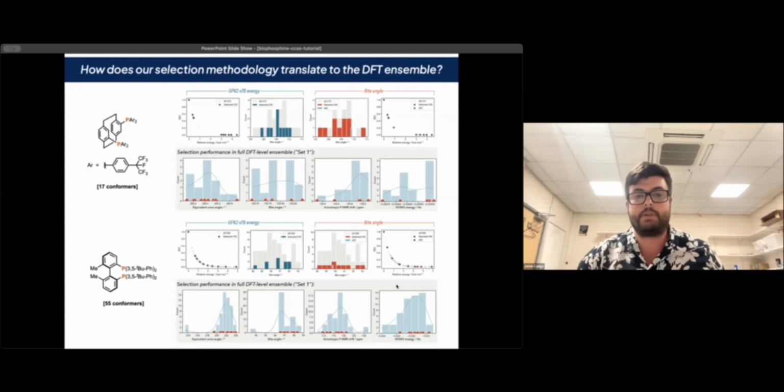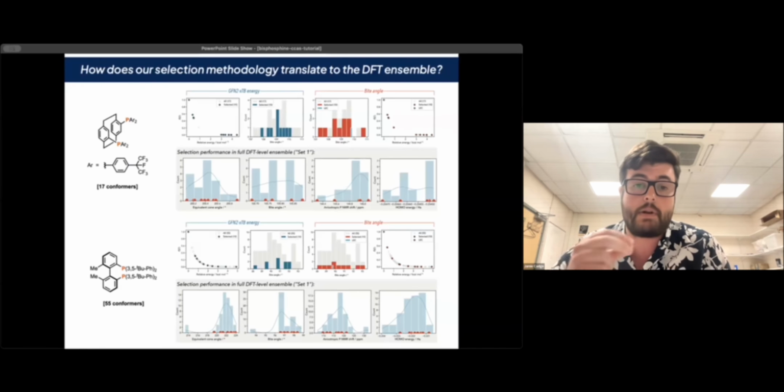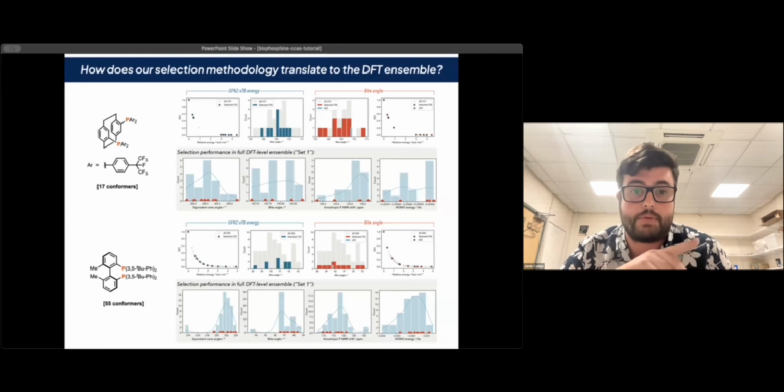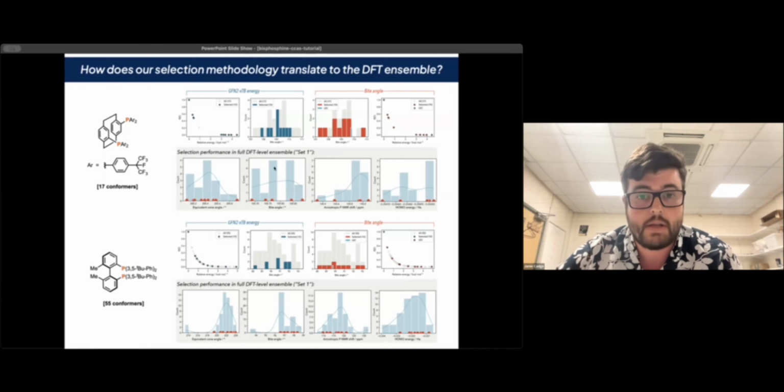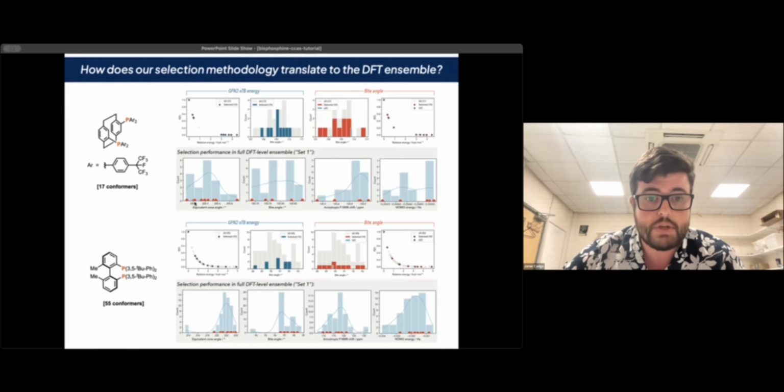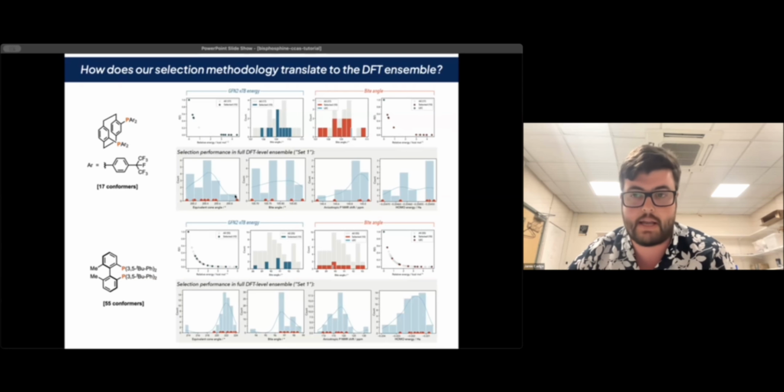So with this in mind, what we wanted to do is see what it would look like when we looked at our DFT ensembles. These top graphs you've already seen a couple of slides ago, but these new ones here show the feature distributions, but for the DFT calculated ensembles.